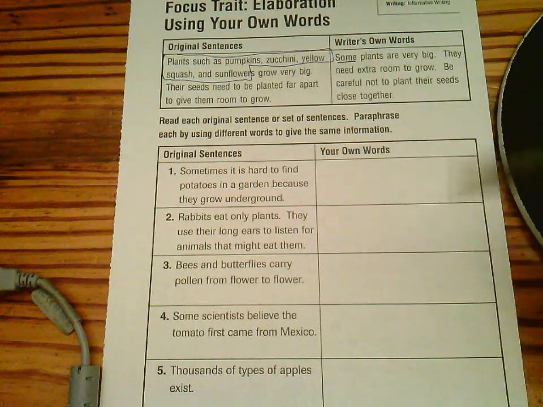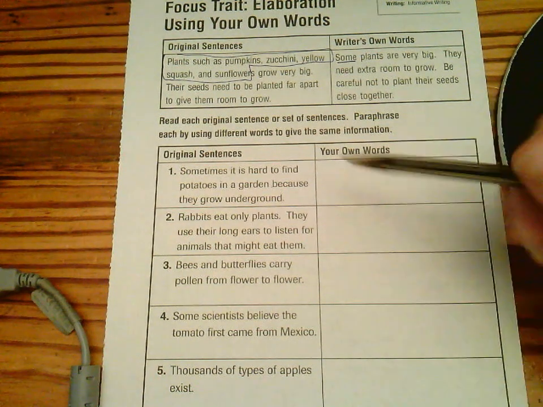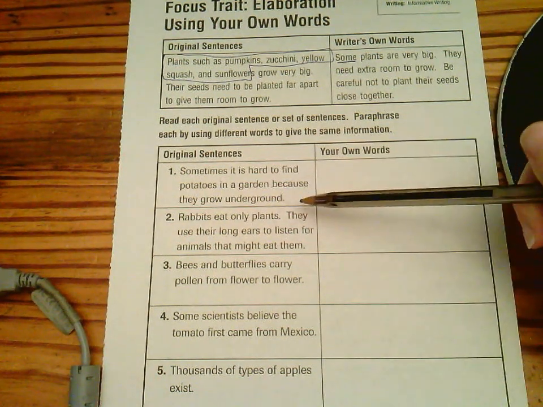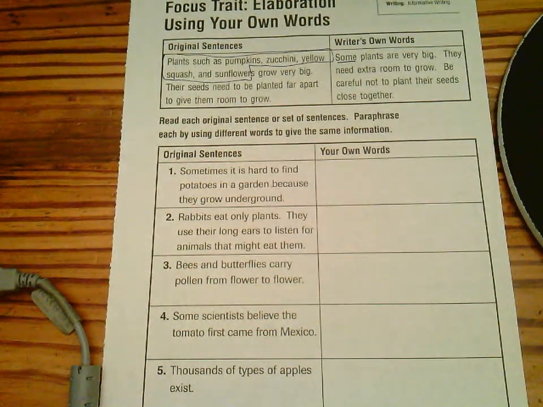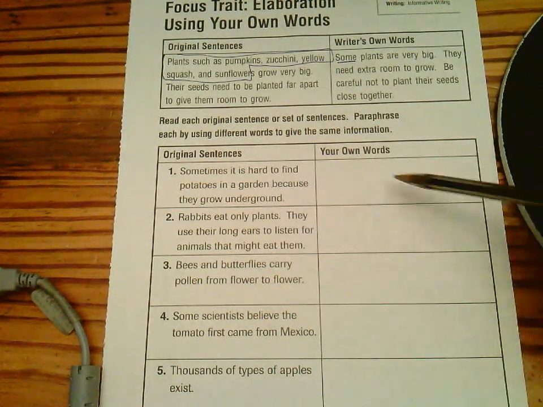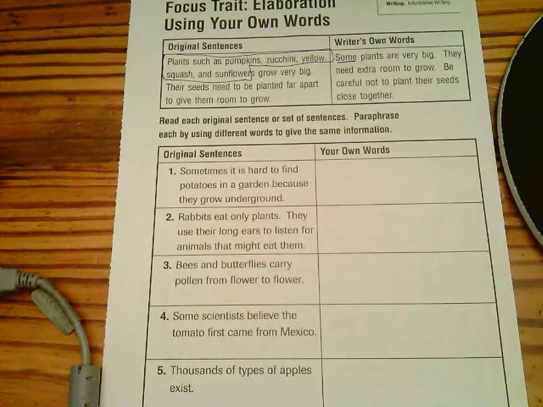So let's go ahead and try some of these on our own. If you can do some by yourself, great. But if you're having a hard time with this, then you can use the ones that I'm using. Sometimes it's hard to find potatoes in a garden because they grow underground. So maybe I could start with the second part of the sentence first and then put the first part at the end. I think that's what I'll do. Sometimes it is hard to find potatoes in a garden because they grow underground.